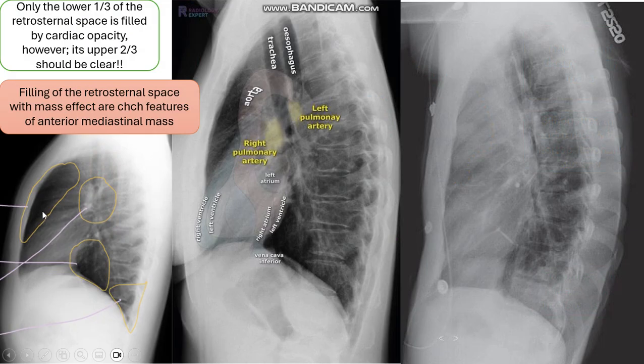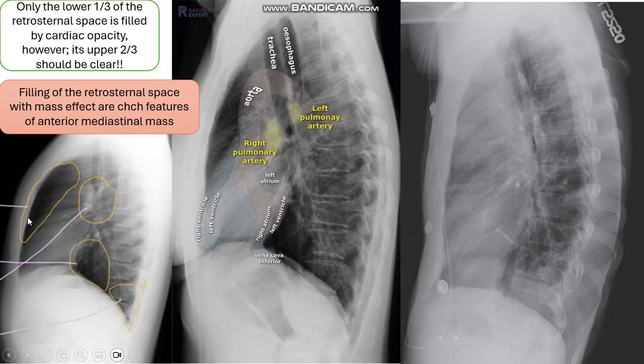Now let's talk about the retrosternal space. On the lateral chest radiograph, the retrosternal space normally is filled at its lower one-third by the cardiac opacity. However, it is seen clear at its upper two-thirds.